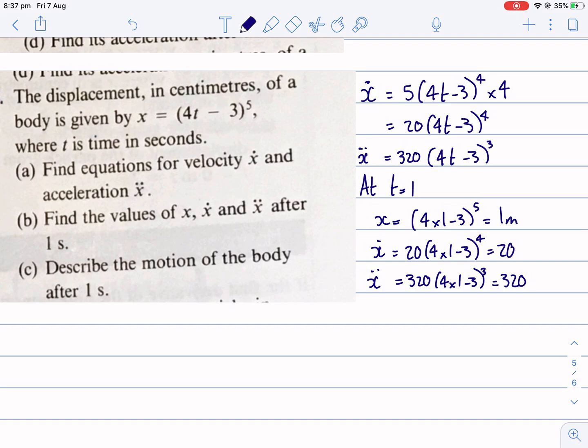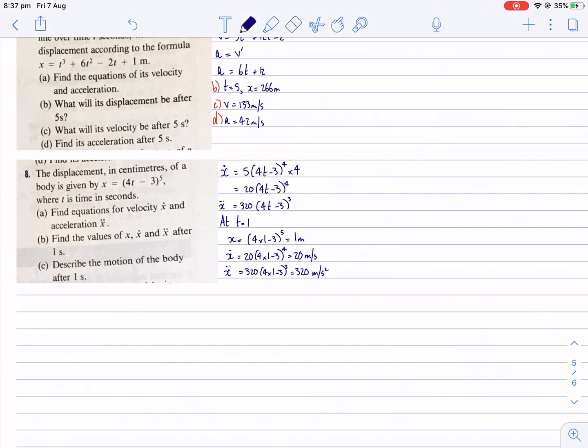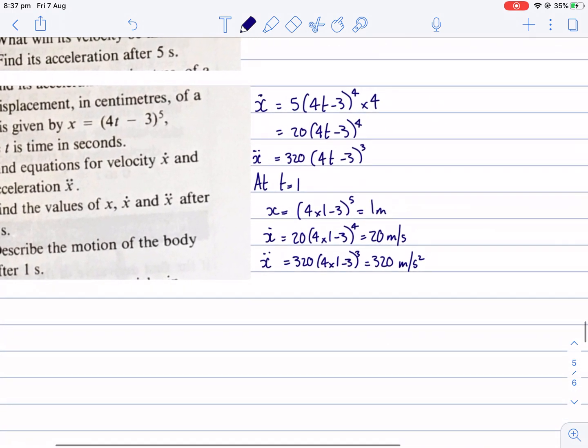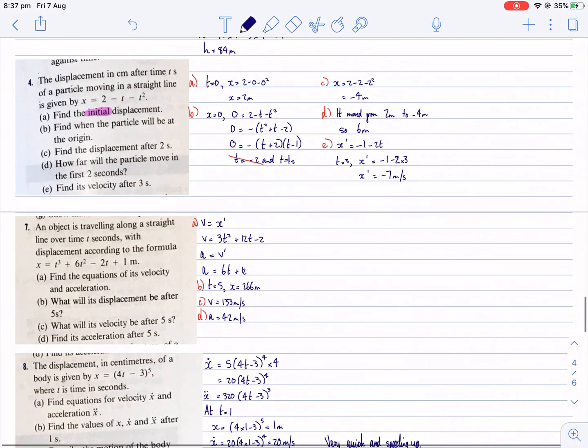So this is meters per second squared. Describe the motion of the body after 1 second: very quick and speeding up. I don't know what they want. That'll do. That's question 8.